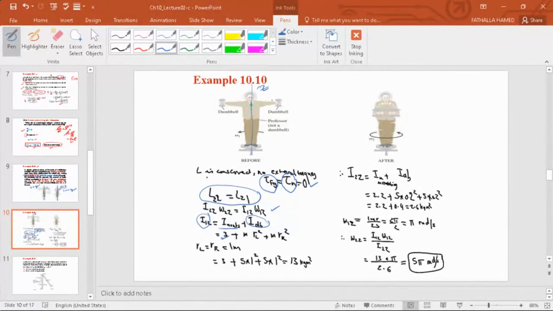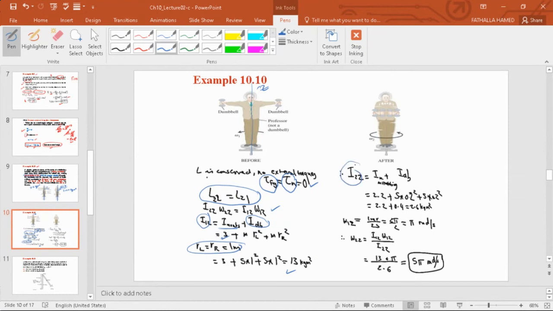And for the dumbbells, you have 1 on the right and the left, so it would be m r right squared plus m r left squared. And r is equal to 1 meter when the arms are stretched. So it's equal to 3 plus 5 times 1 squared plus 5 times 1 squared, and you get 13 kilogram meter squared. That's your moment of inertia 1.